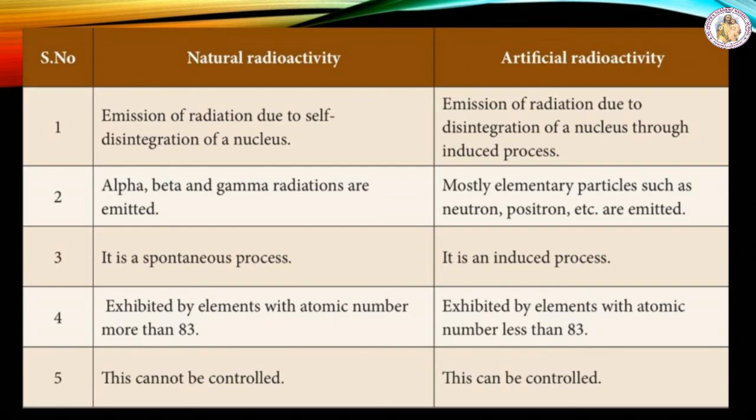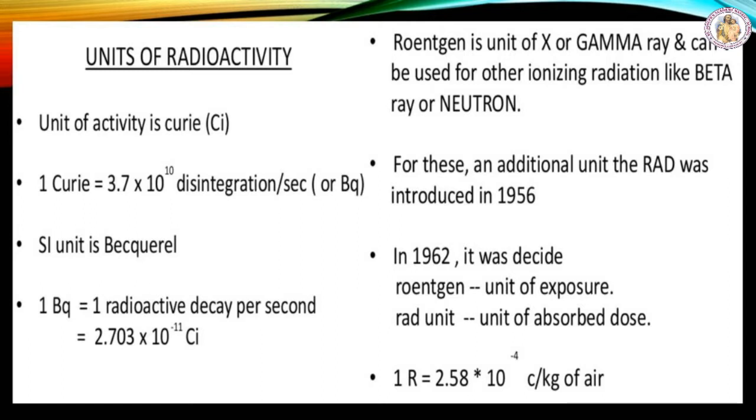Units of radioactivity. Curie is the traditional unit of radioactivity. It is defined as the quantity of a radioactive substance which undergoes 3.7 × 10^10 disintegrations in 1 second.